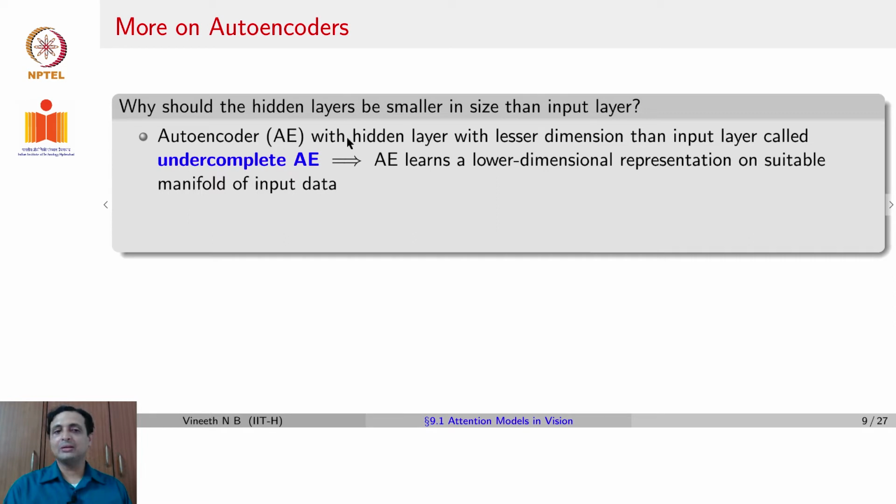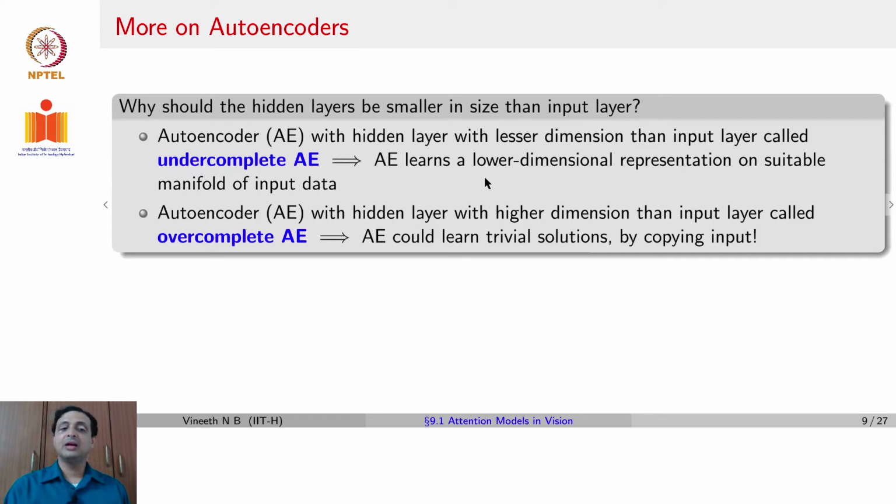Autoencoders where the hidden layers have a lesser dimension than the input layer are called undercomplete autoencoders. So you can say that such autoencoders learn a lower dimensional representation on a suitable manifold of input data, from which, if you use the decoder, you can reconstruct back your original input.